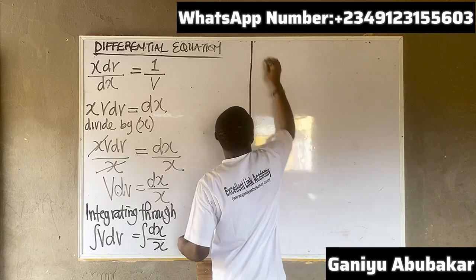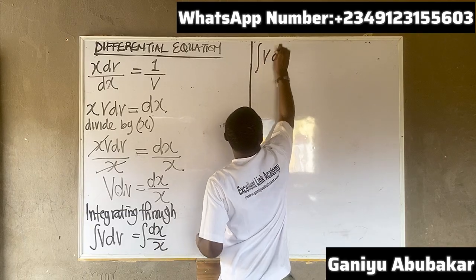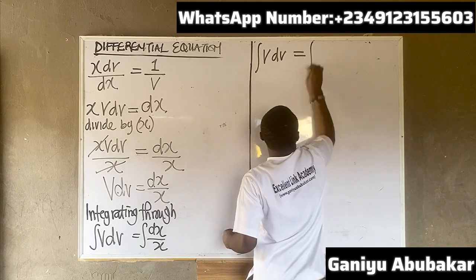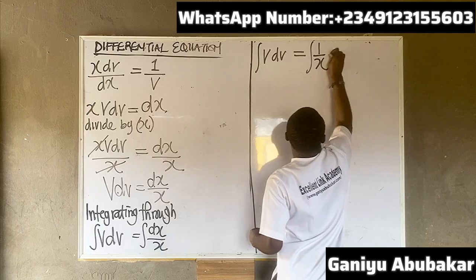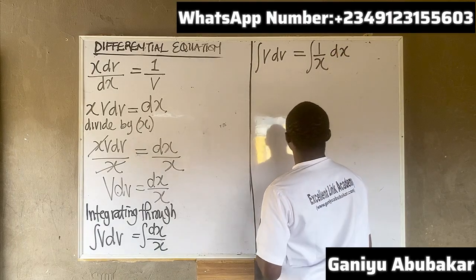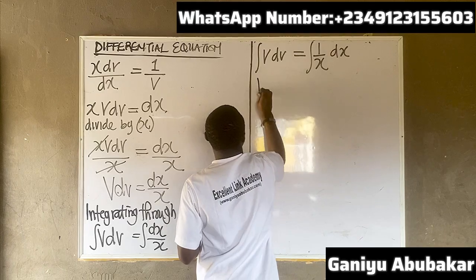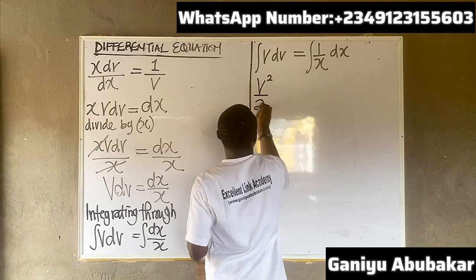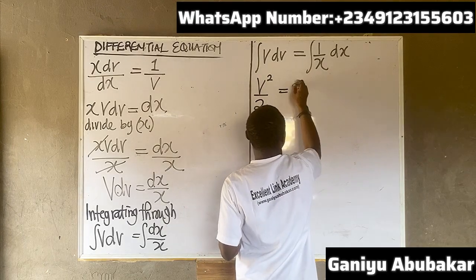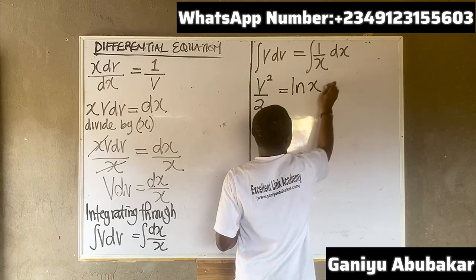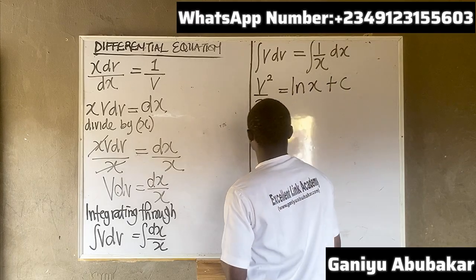That gives you the integral of v dv equals the integral of 1 over x dx. All right. If I integrate v, I'll have v squared over 2 equals, if I integrate this one, I have ln x plus c.